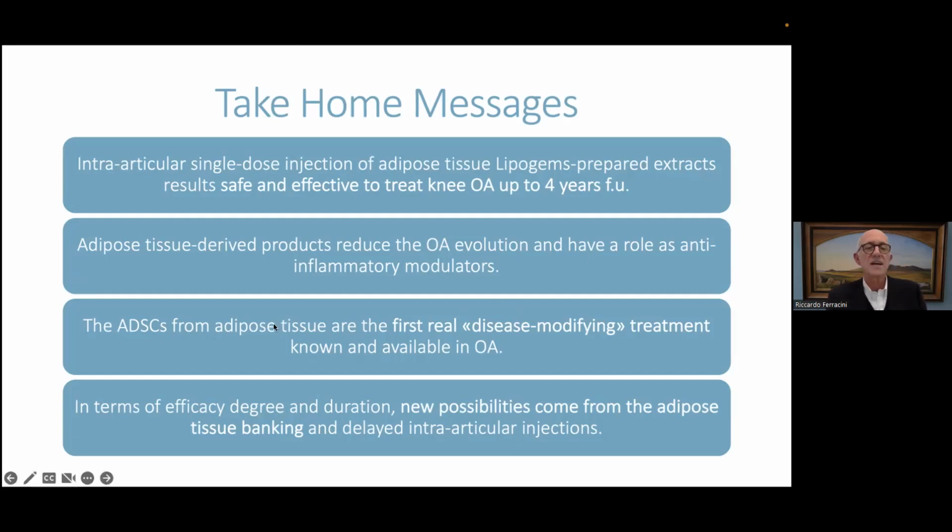In terms of efficacy, degree, and duration, there are new possibilities open, one of which is adipose tissue banking: the freezing, the thawing, and the reinfusion with time using Lipogems preparation. This is feasible, and we have done that already.